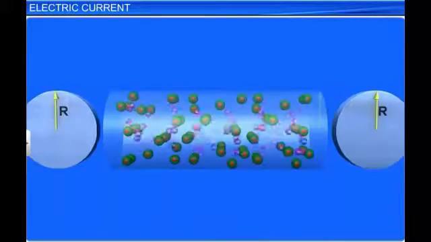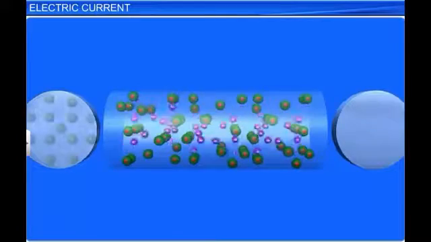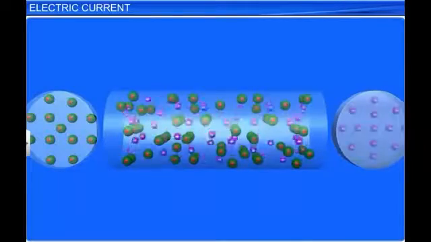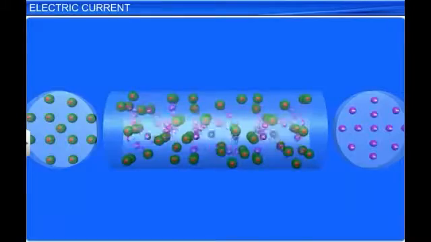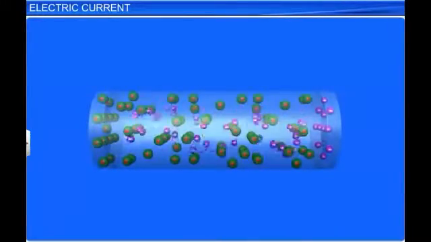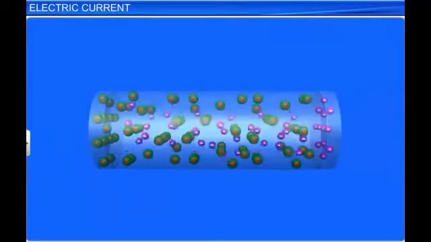There are q number of positive charges distributed across one of the disks and q number of negative charges distributed across the other disk. These two disks are attached to the two flat surfaces of the cylinder, creating an electric field which is directed from the positively charged disk to the negatively charged disk.